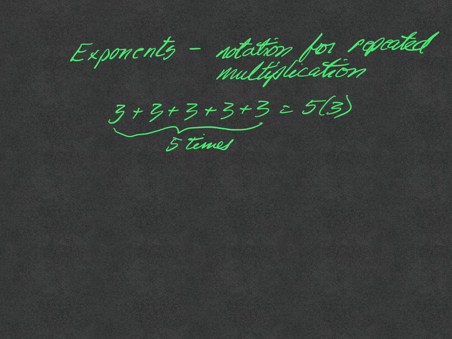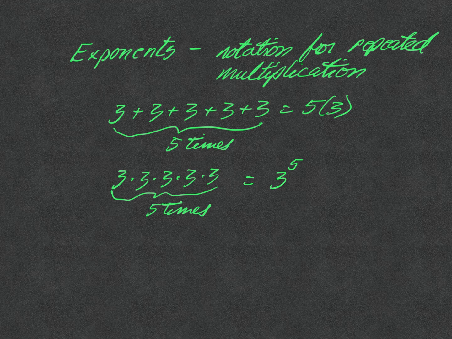So what if we have repeated multiplication? 3 times 3 times 3 times 3 times 3. Again, we're multiplying 5 times. How do we write that? Well, we're taking the 3, and we're multiplying it by itself 5 times. And we would create what is called an exponent. Okay?